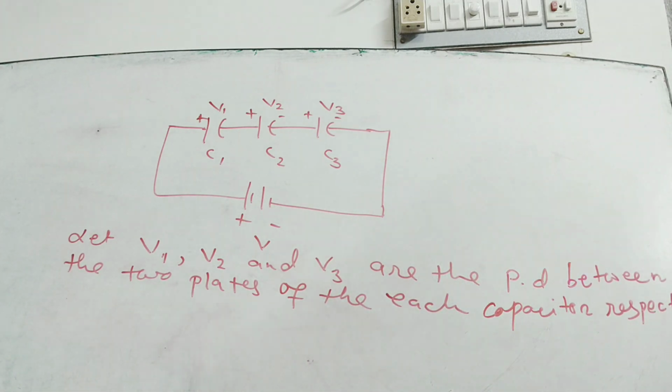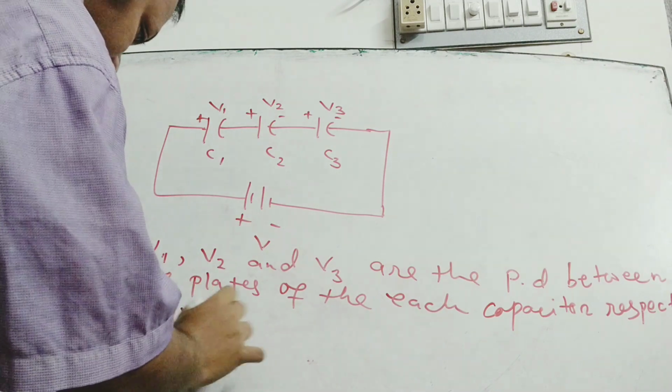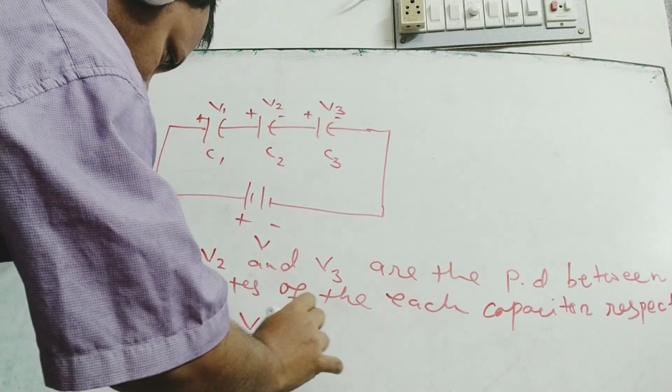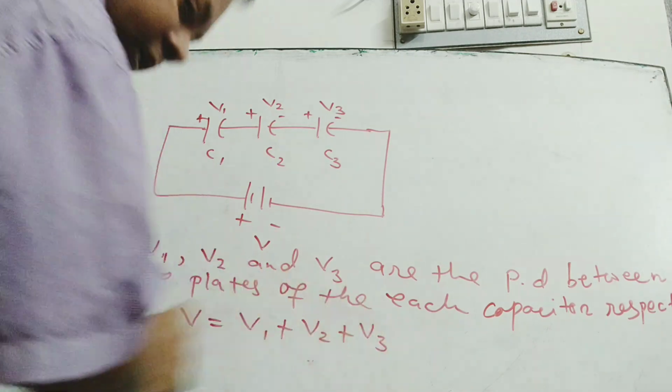Therefore, V is equal to V1 plus V2 plus V3.